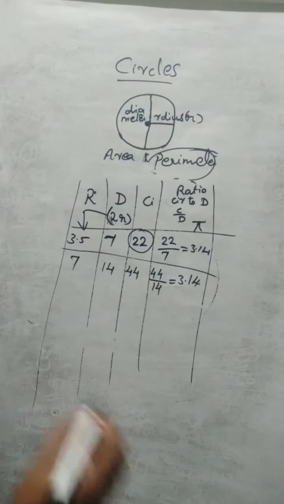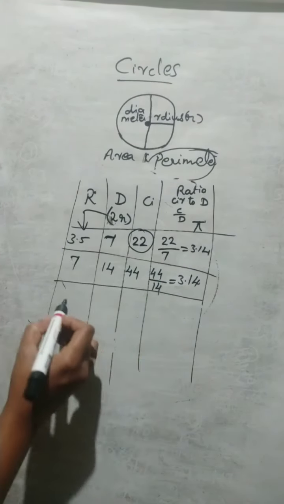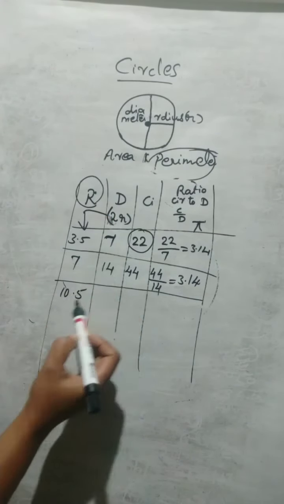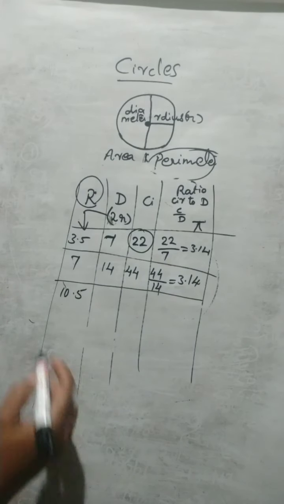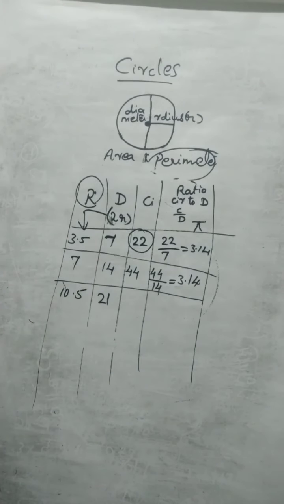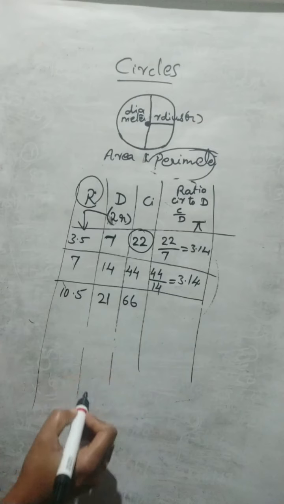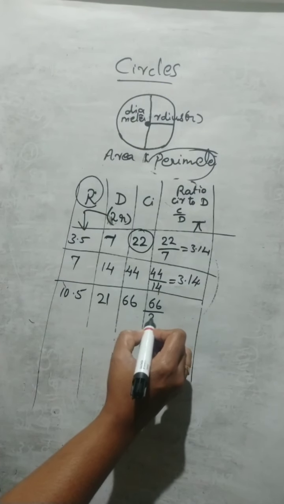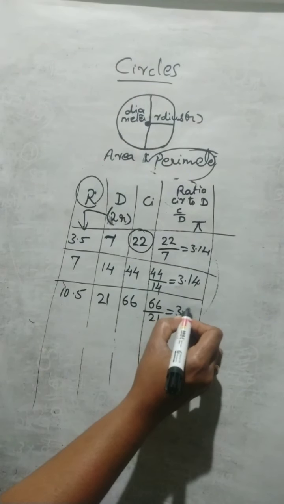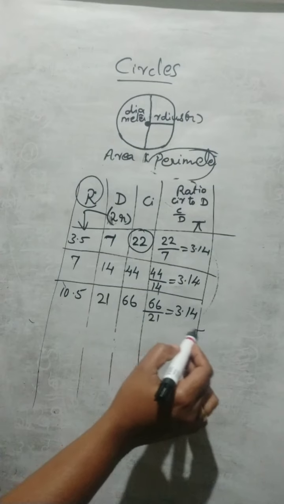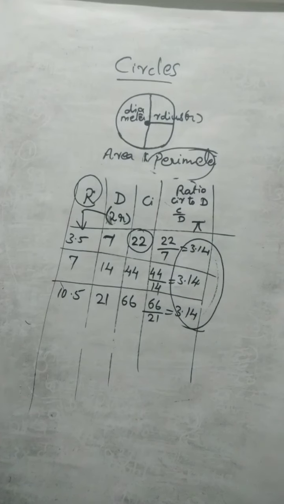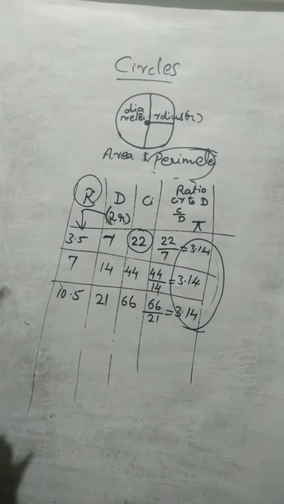Next, if the radius is 10.5, then the diameter will be double this, equal to 21. Then the circumference will be 66. Then 66 divided by 21 is equal to 3.14. So from these examples, it is very clear the value is constant for all circles.